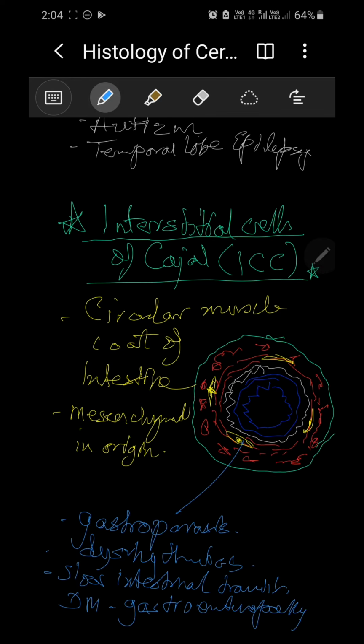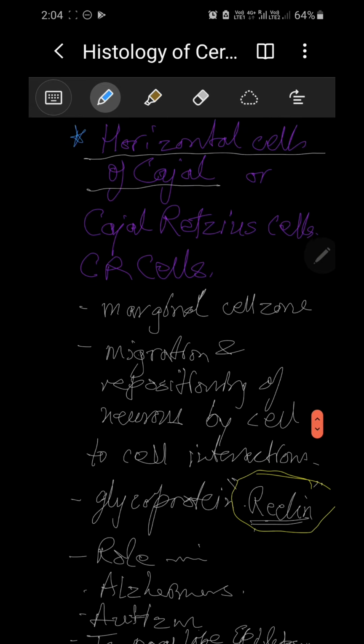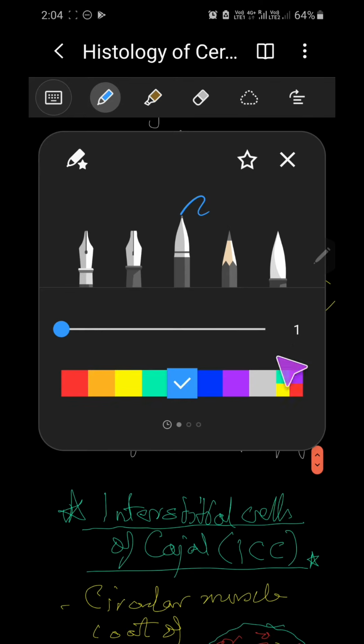These are certain conditions where you find the underlying cause might be the degeneration of the interstitial cells of Cajal. Okay. So this is what I have told you about the two cells, and about these horizontal cells of Cajal.